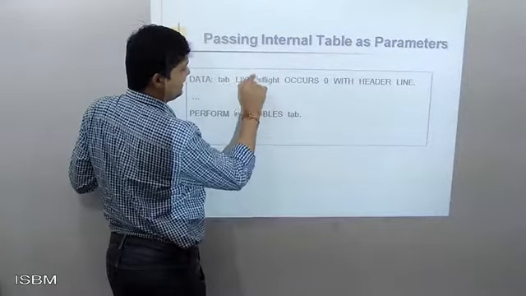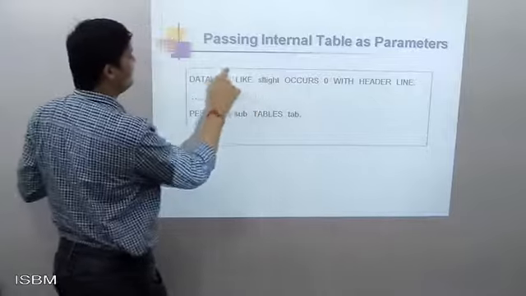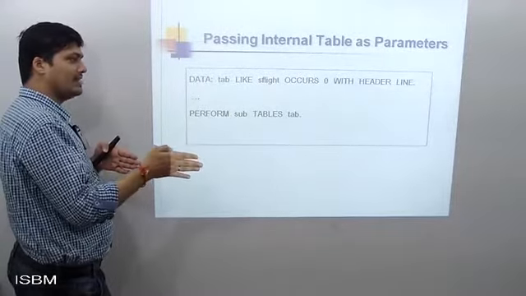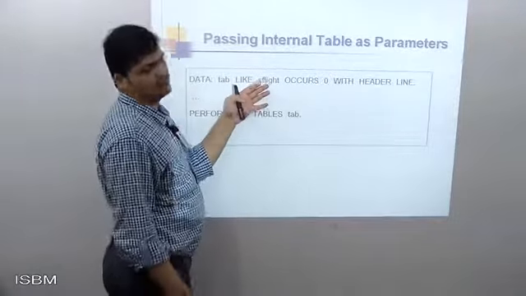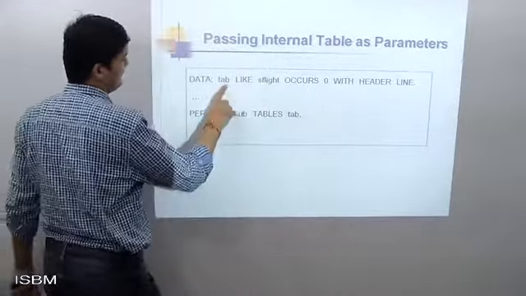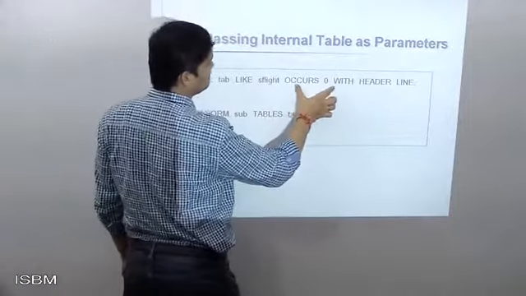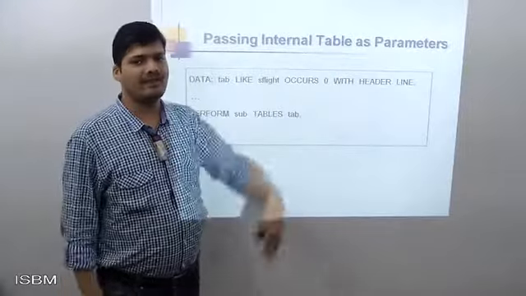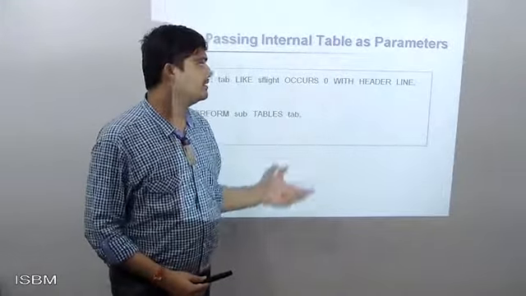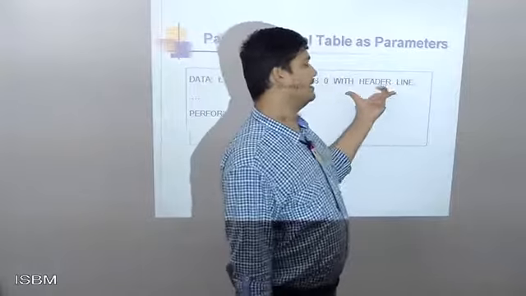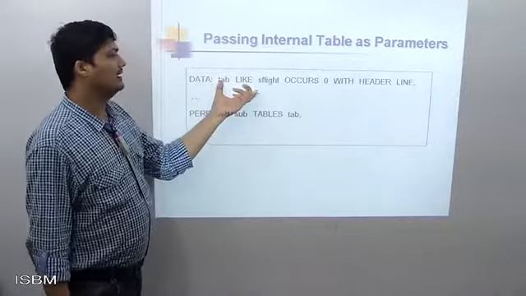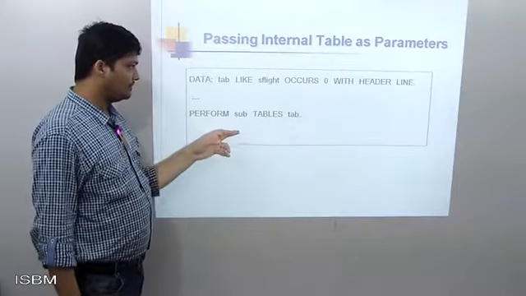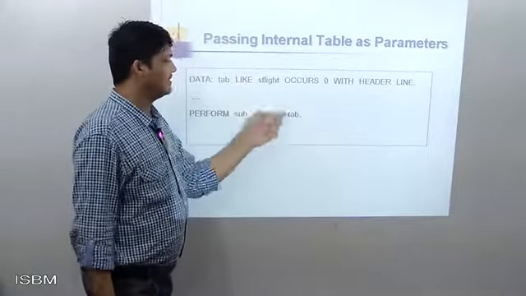You use like when you want to directly integrate your internal table with your database table. Tab like S flight occurs zero means it occupies memory with a header line, showing that we are declaring the internal table. Then perform sub tables tab.